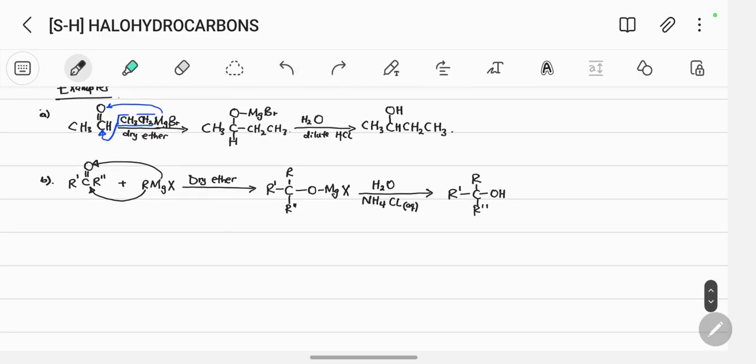So I'm moving to the other part, preparation of ketones.